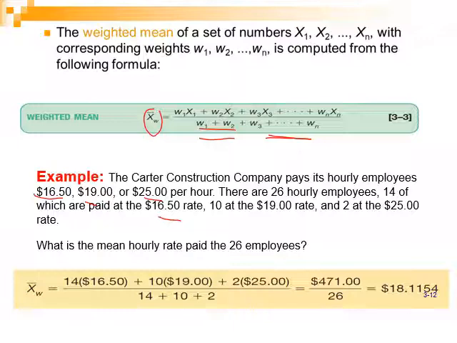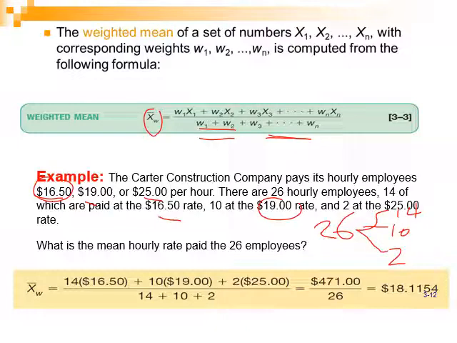Then we have 26 employees in 3 parts. 14 are paid the first amount, 10 are paid $19, and only 2 are paid $25. So what is the weighted mean, or what is the mean hourly rate paid for the 26 employees?